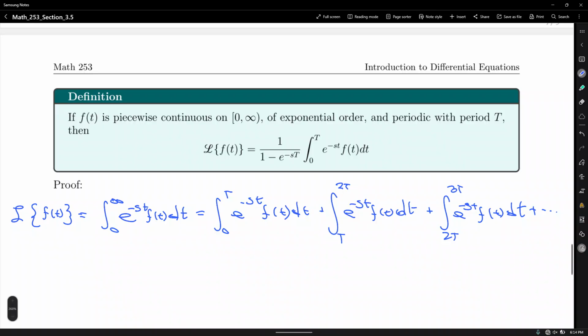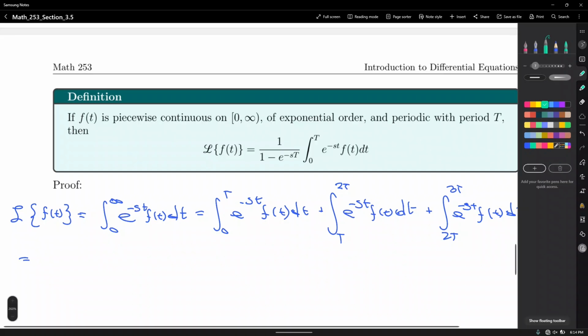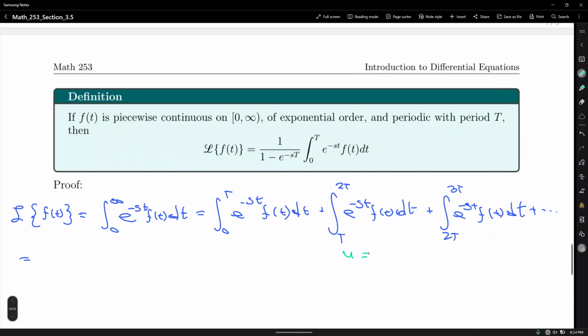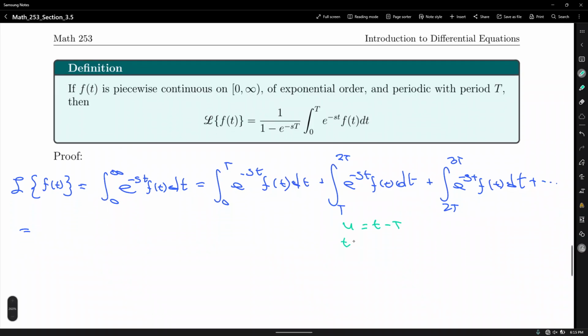For the second integral, I'm going to make u equals t minus T, a lowercase t minus uppercase T. So that means t equals u plus T. On the other hand, for the third integral, I'm going to make the substitution u equals t minus 2 uppercase T, which means t equals u plus 2 uppercase T, which represents the period.